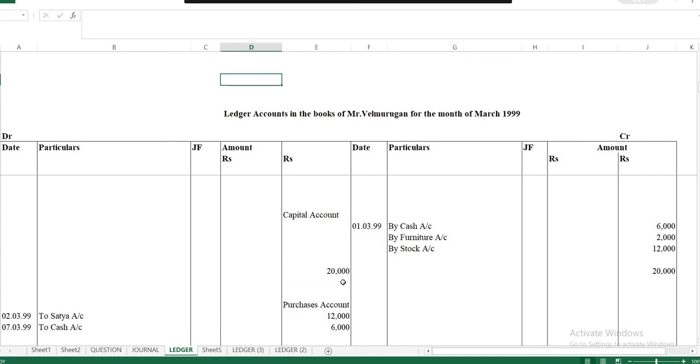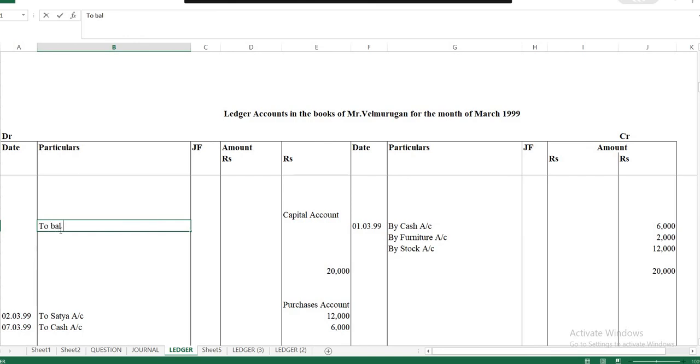So next, I have put 20,000 over here. If I mention 20,000 here, to balance carry down, on this side everything is "To" you have to start with. On the other side, if you are writing, you have to write "By". So, to balance carried on.